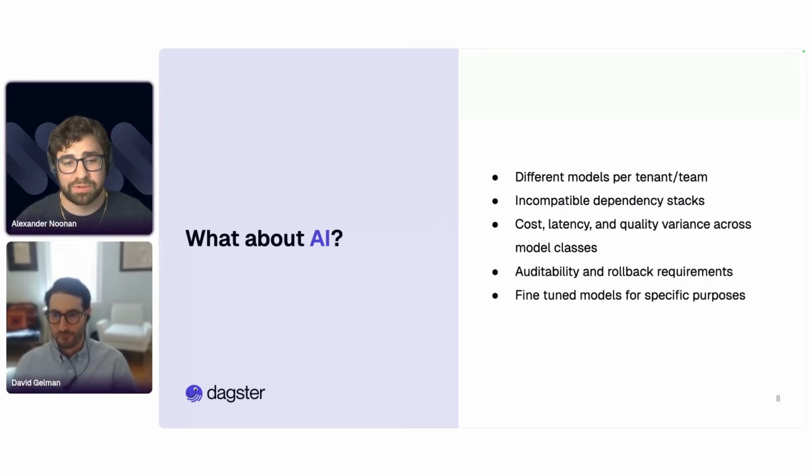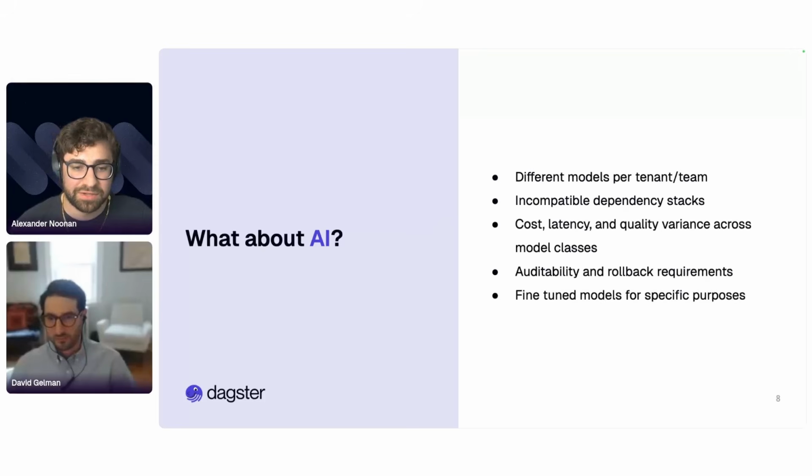So having that separation is true whether you're dealing with AI or, it's kind of funny to say, classical machine learning. But you have to deal with the cost, latency, and quality variance. So a managed API may cost you more per call, but it gives you better quality. A local open source model is often cheaper but slower.